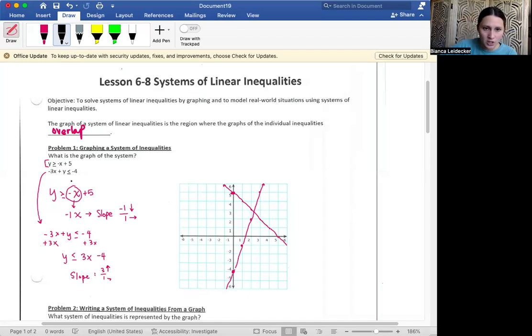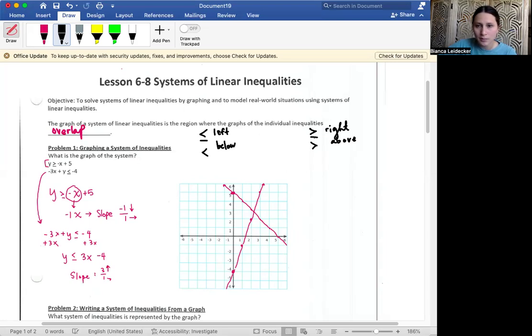My first equation is y is greater than or equal to. If you remember, when you have greater than or equal to, or just greater, it is going to be shading to the right or above. And when you have less than or equal to or less than, it's going to be shading to the left or below.